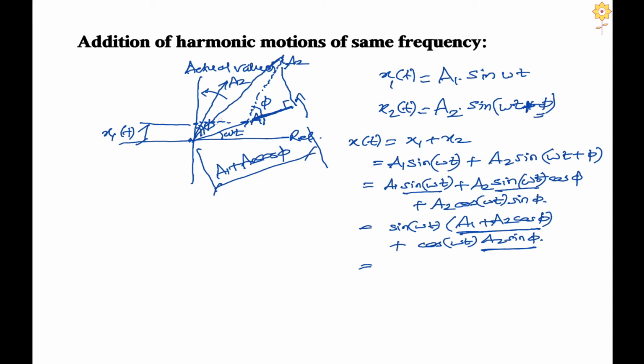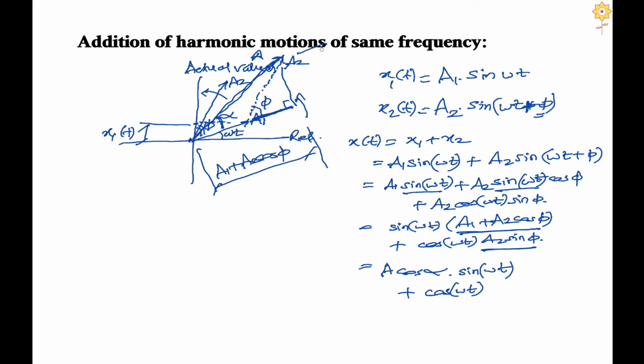I get the resultant from the vector addition of these. Let us call the resultant amplitude A. Let us call this angle alpha. The resultant makes an angle of alpha with the first vector. So it becomes A multiplied by cos alpha, that is A1 plus A2 cos phi, and the remaining is sin omega t plus cos omega t multiplied by A2 sine of phi.